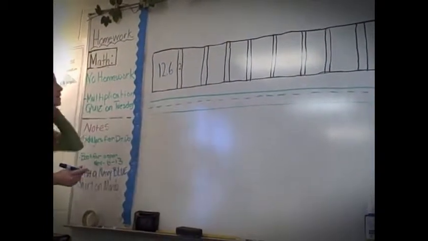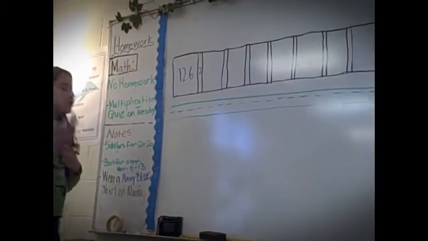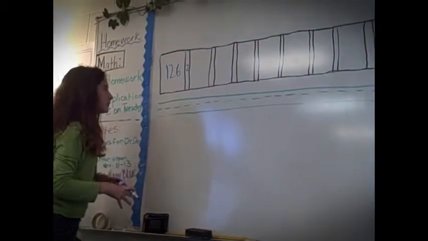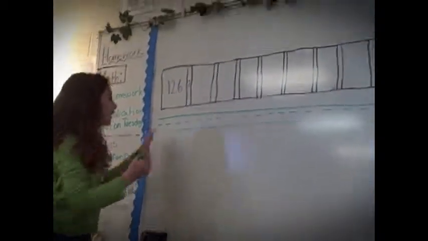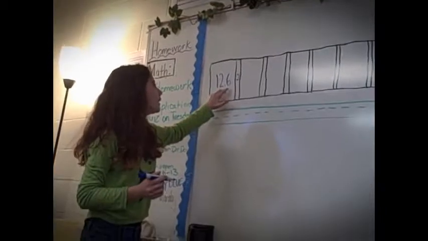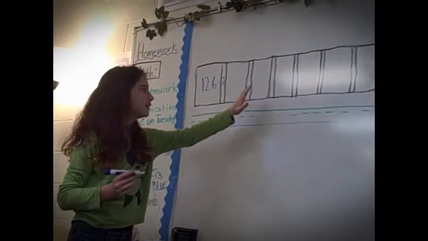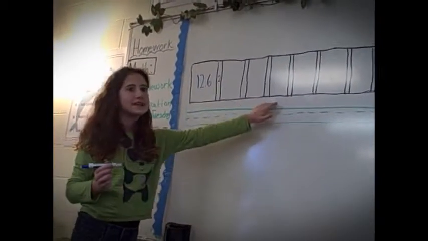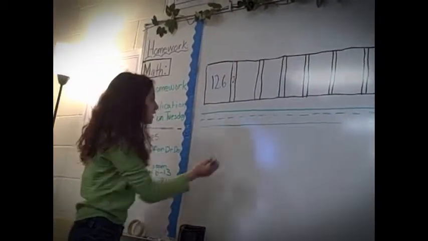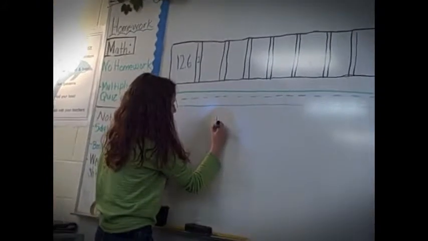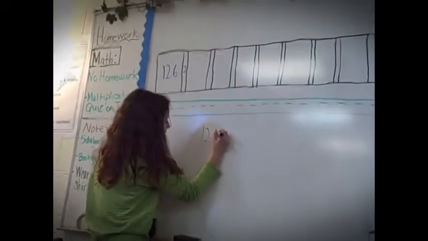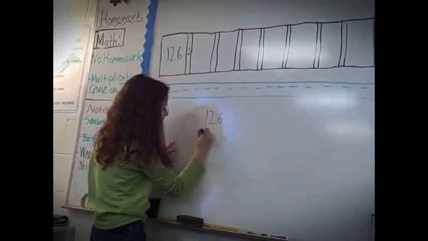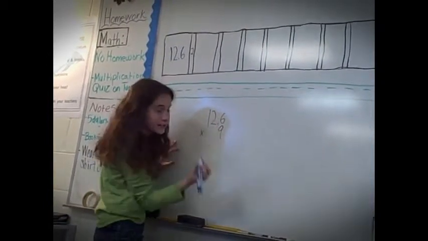It's kind of small. So what I did to solve my problem is, first of all, I was going to get the length of all of my school buses, and then I'm going to add in the spaces. That's what I did. So 12 and 6/10 times 9, because there are 9 school buses.